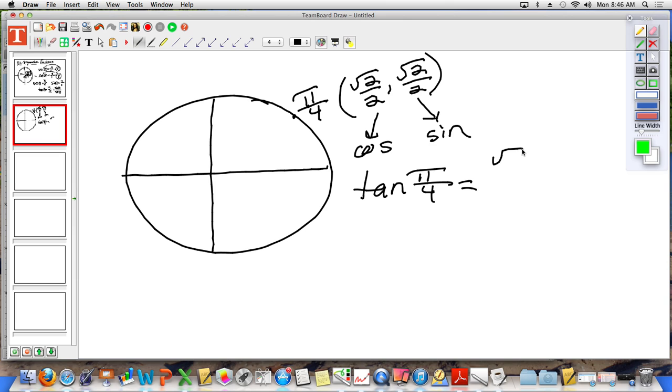It is the square root of 2 over 2, divided by the cosine value, which is the square root of 2 over 2. What is the square root of 2 over 2 divided by the square root of 2 over 2? It is 1. So the tangent of pi over 4 is actually 1. Does that make sense?